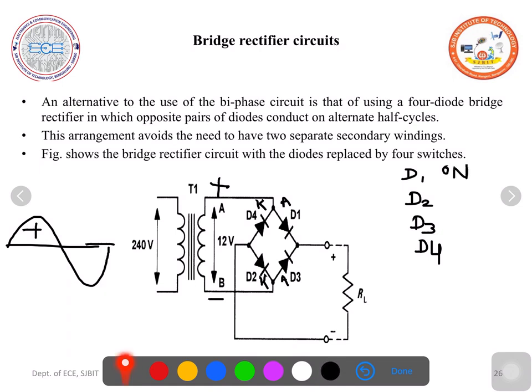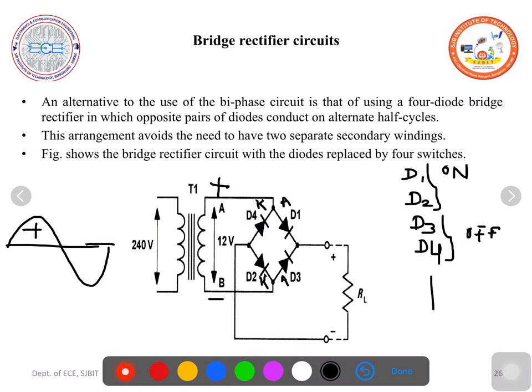Now D2, let us check D2. Cathode is at negative potential, so D2 is on. Now D3 anode is at negative potential than cathode, so this is off, reverse biased, not conducting. D4 cathode is at positive potential, so D3 and D4 are off.